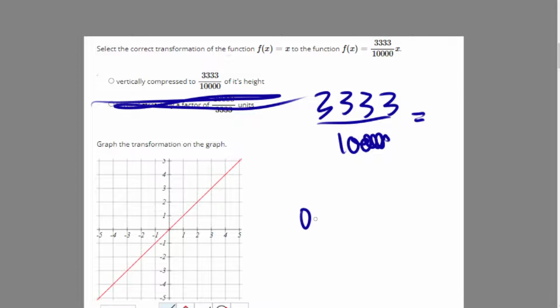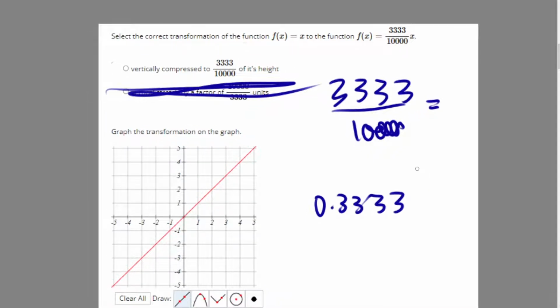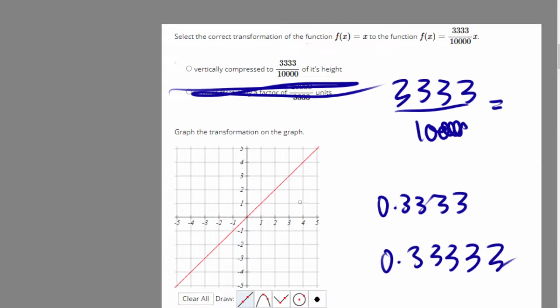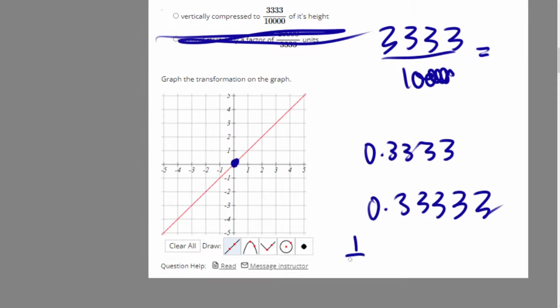That's going to give you 0.333, and that's an extra 3. That's very similar to 1/3, right? 1/3 is 0.33333 repeating, right? So we can just treat the slope as if it's 1/3 now. Since we're stretching, we don't need to move our x-axis, but now we can say this is about 1/3, right? So we'll go up 1 over 3.